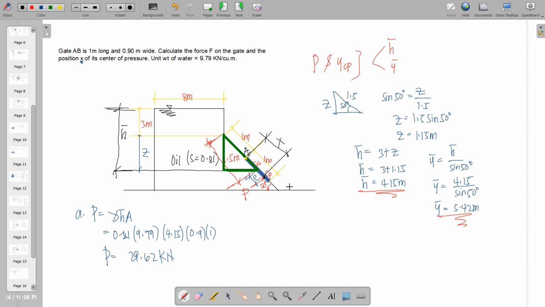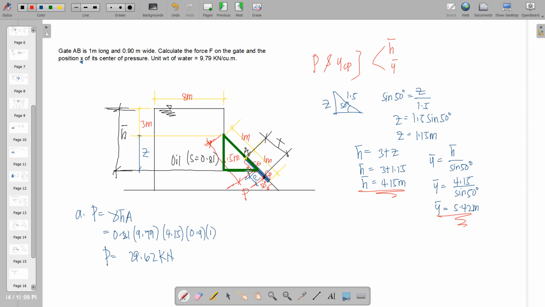And on the figure, x is actually half of 1, 0.5, plus E, right?